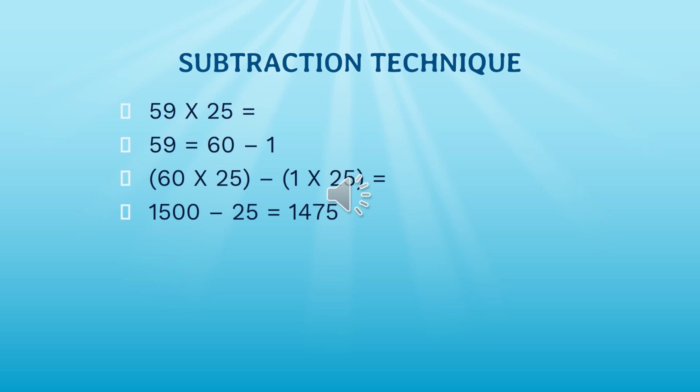I should have 1500, minus 1 times 25 is equal to 25, and doing the subtraction, 1500 minus 25 is equal to 1475. Take note, this is only useful if one of the factors, in this case the larger factor, ends with digits like 7, 8, or 9.